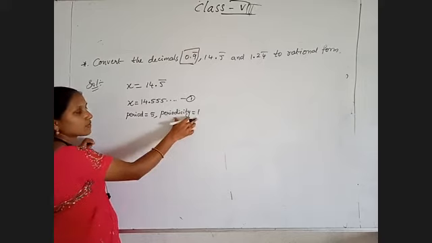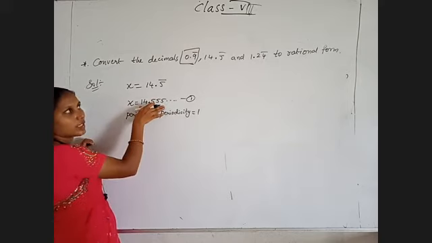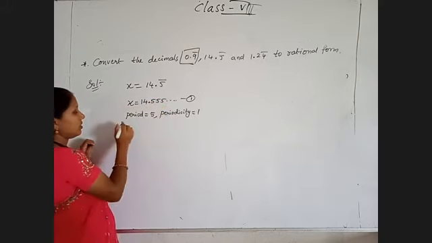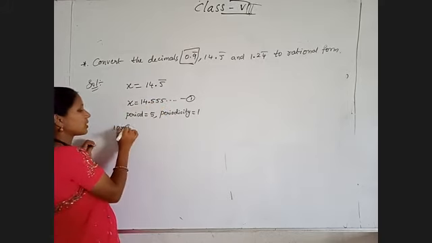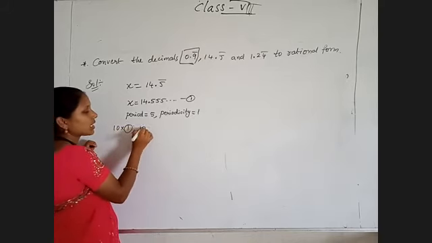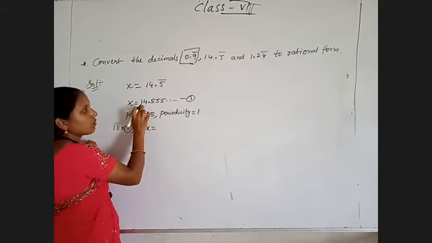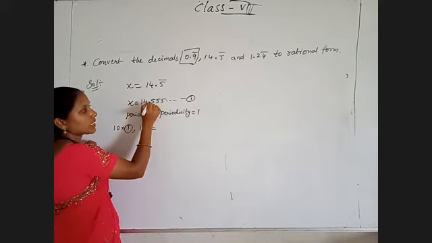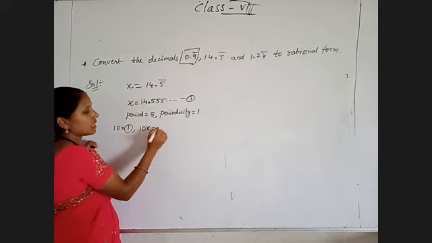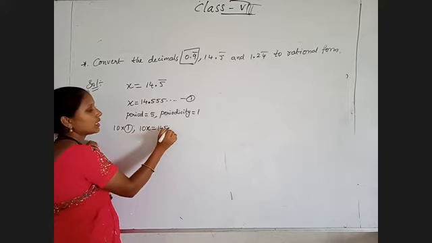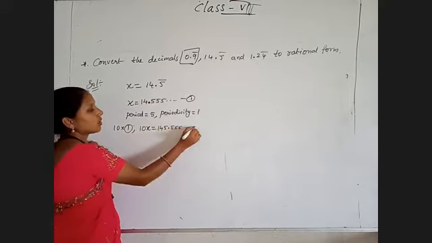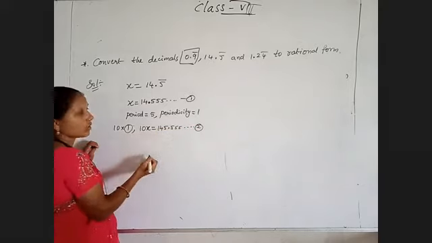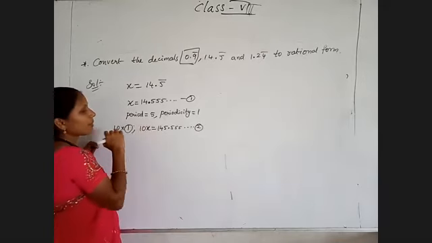Because periodicity is 1, we need to multiply equation 1 with 10. What will we get? 10x is equal to 145.555 and so on, as the point moves by one digit. Equation 2. Okay, now coming to the next.